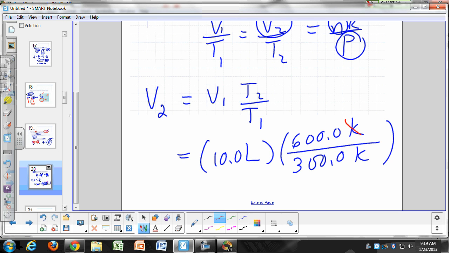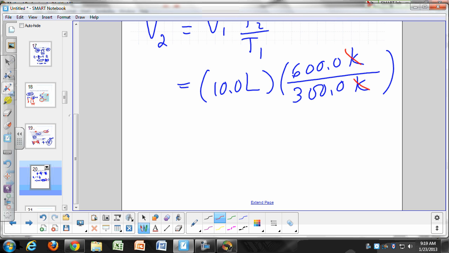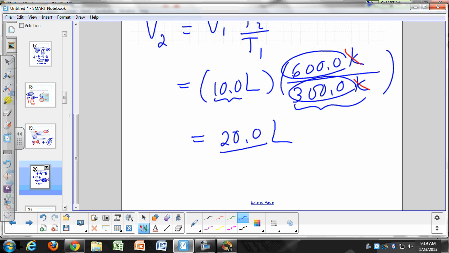So Kelvin cancels out, and that gives me how much? This is 600 over 300, that's 2, so 10 times 2 is 20.0 liters. Your answer should have 3 sig figs, 20.0 liters.